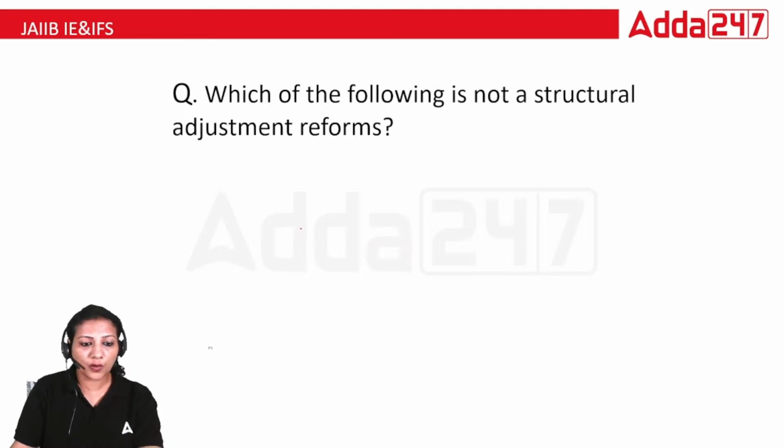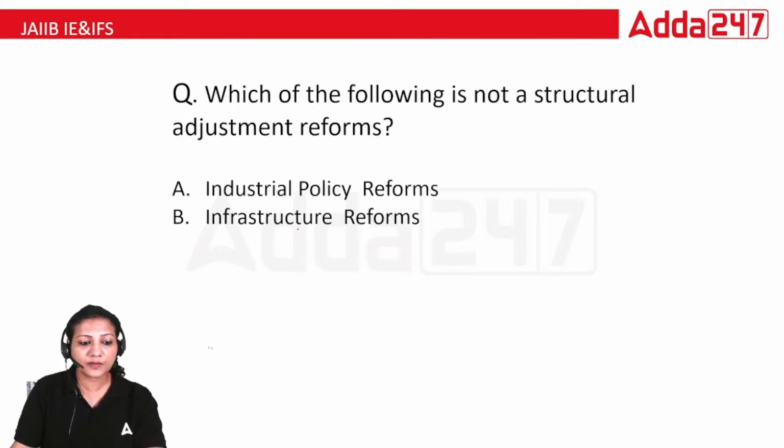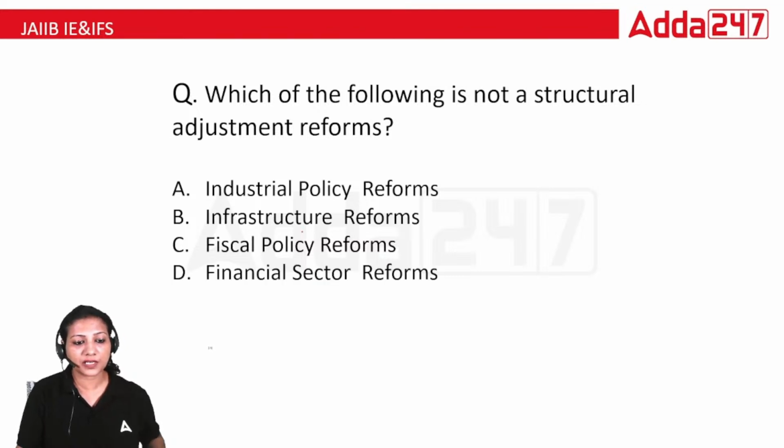Which of the following is not a structural adjustment reform? Options are industrial reforms, infrastructure reforms, fiscal policy reforms, or financial sector reforms.